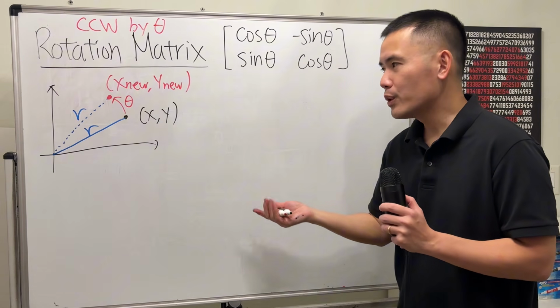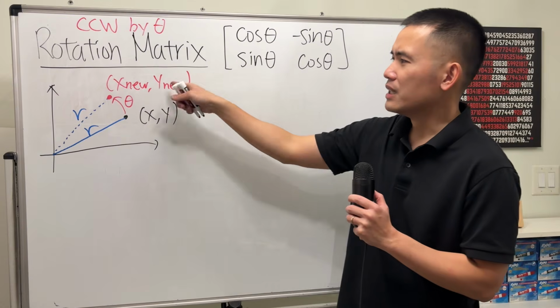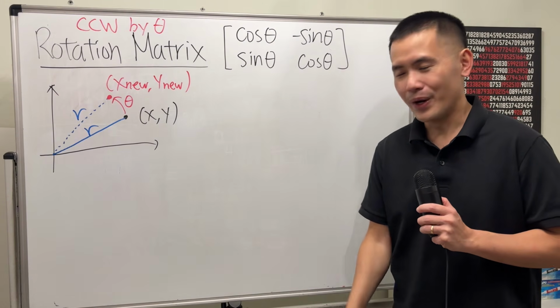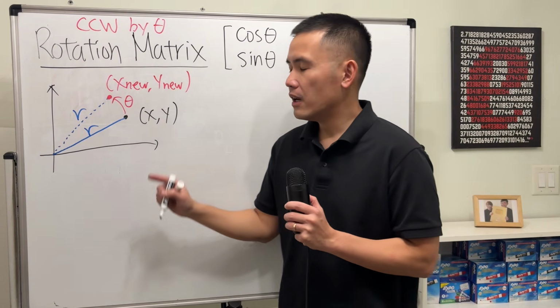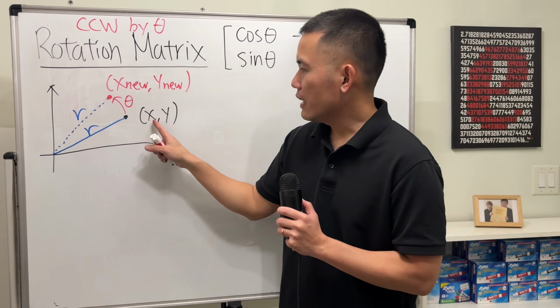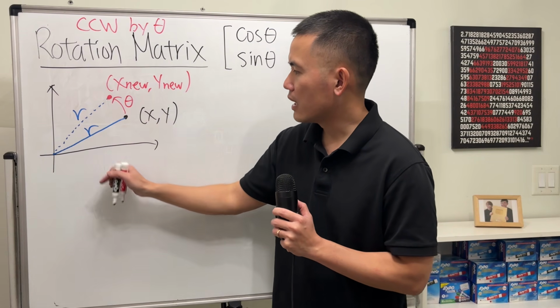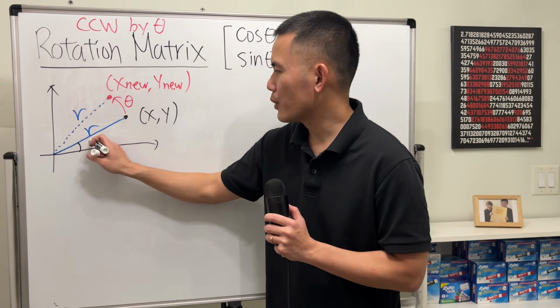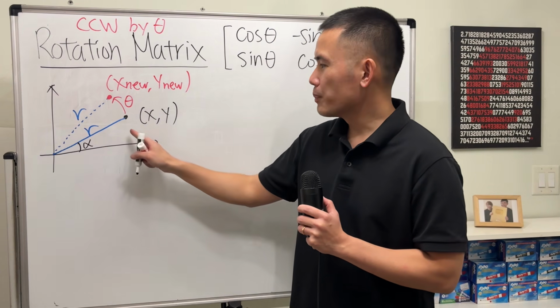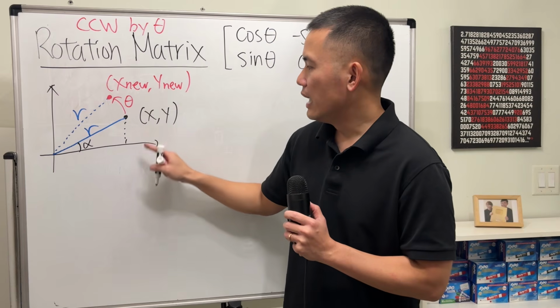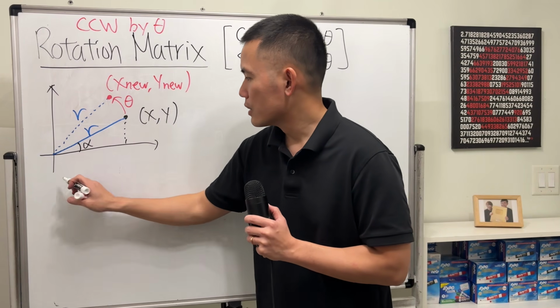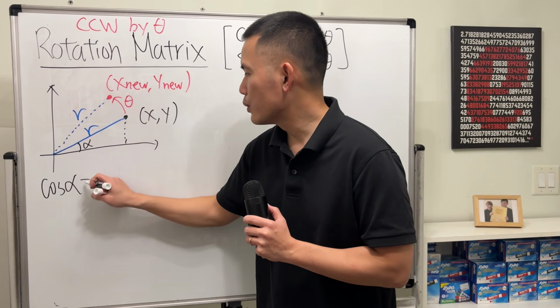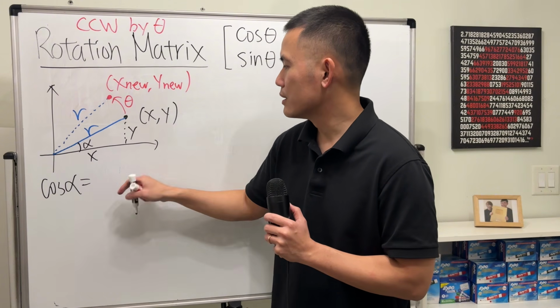So how are we going to figure out the coordinate for this new point? Well, check this out. Firstly, we have x, y, r. This right here is an angle as well. I don't know what it is. I'm going to call it alpha. So based on this, you can see that x is going to be what? Cosine alpha equals adjacent over hypotenuse, this is x, this is y.